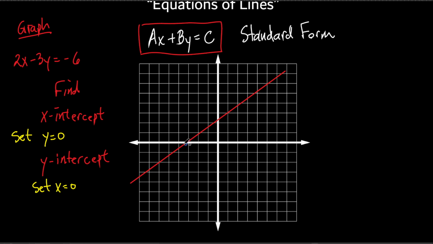So it crosses the x-axis right here. Everybody see that? Where is the y-intercept? It's where it crosses the what? The y-axis. So the reason that we set, in order to find the x-intercept, that point right there is, I don't know, -3.3. And then what's the y?